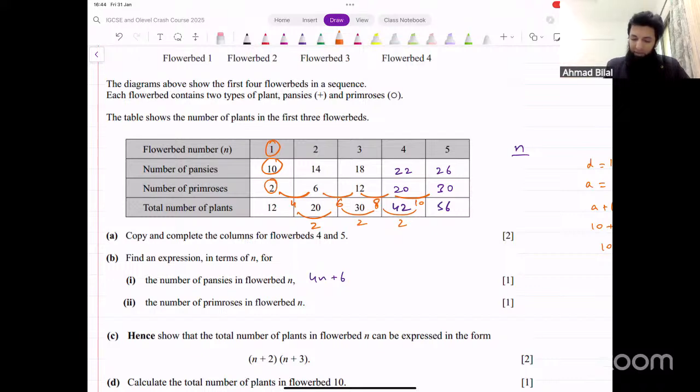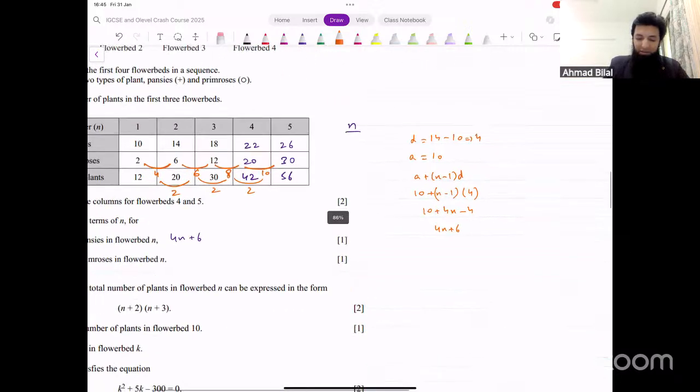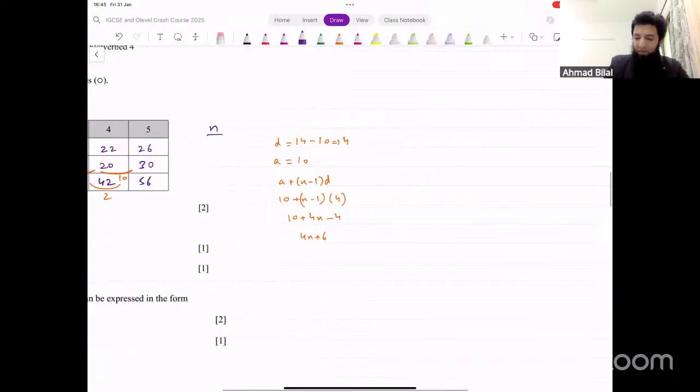We've got this number, and then 6, this times 2, this times 2. That's not working. Okay, so right now, I can't think of a pattern from the table itself. In that case, what's the backup?